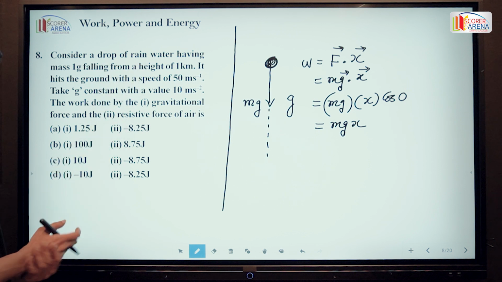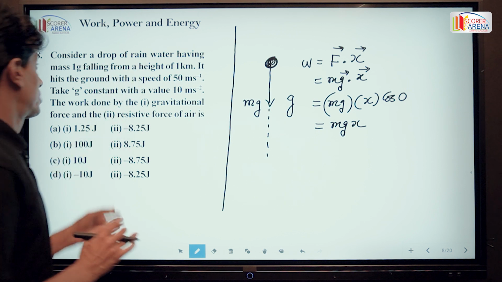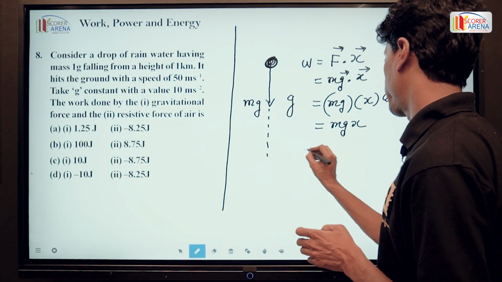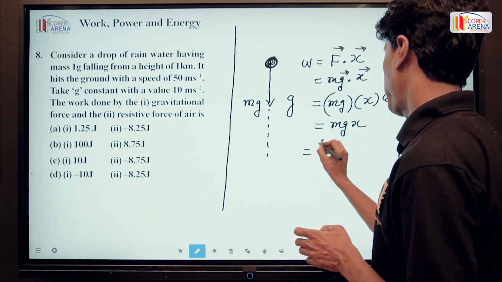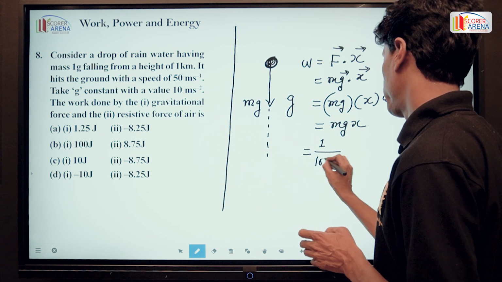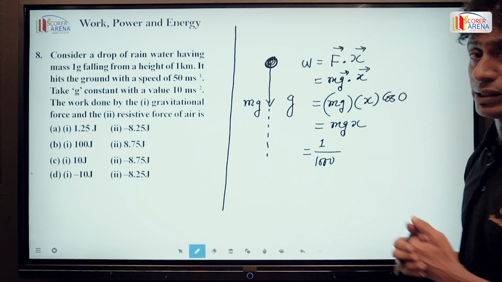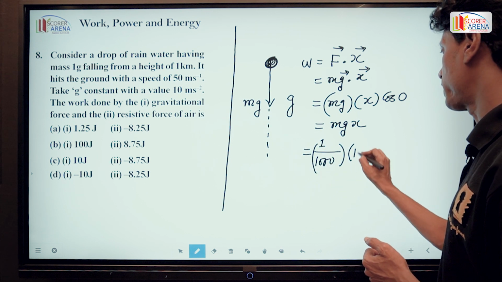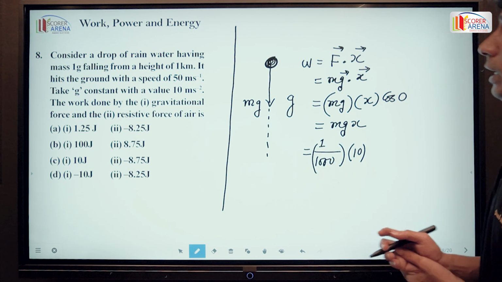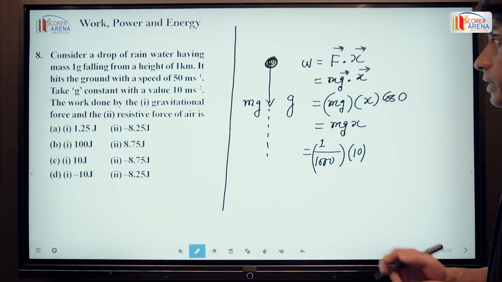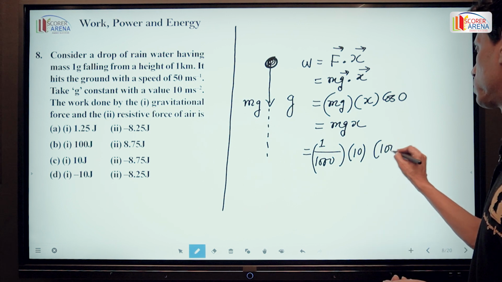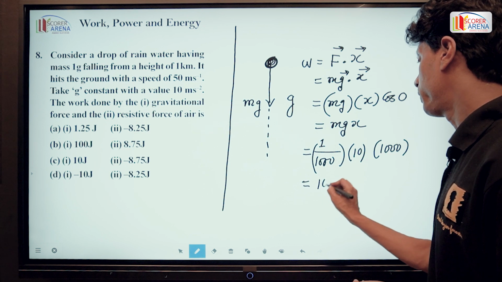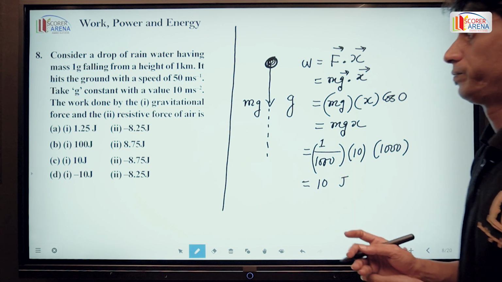Since it is falling down from 1 km, the mass of the body is 1 gram, which in the MKS system is 1 by 1000 kg, the value of g is 10, and the distance covered under gravity is 1000 meter. So therefore the work done by gravity is 10 joule.